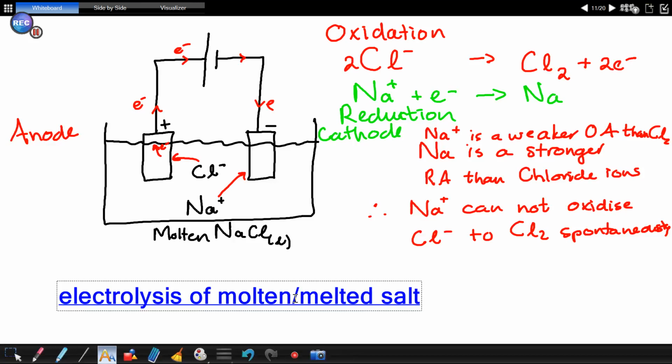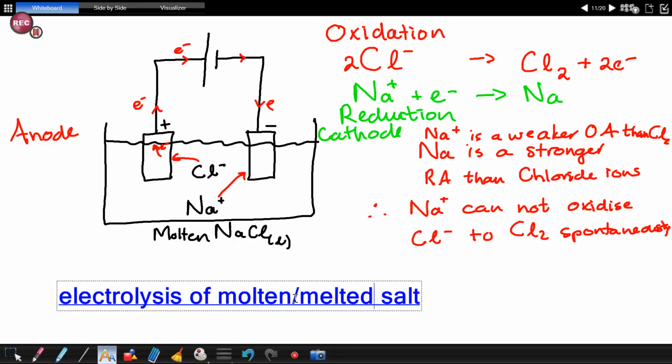So those ions are not free to move. So any salt, if you want to use it in an electrolytic cell, you either have to melt it or you have to dissolve it in water. The example that we're going to look at next is the one where we dissolve the salt in water and then see what happens.